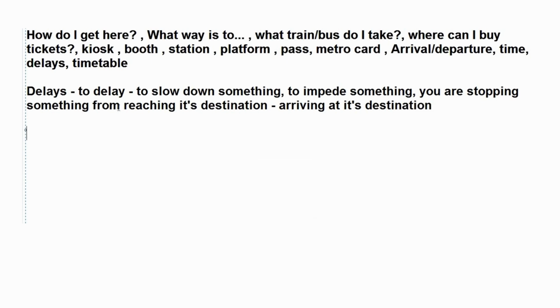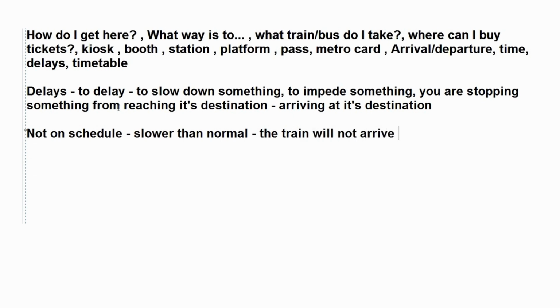At its destination. So for example, at the station, they often say that if the train is not on schedule, meaning slower than normal, the train will not arrive on time.